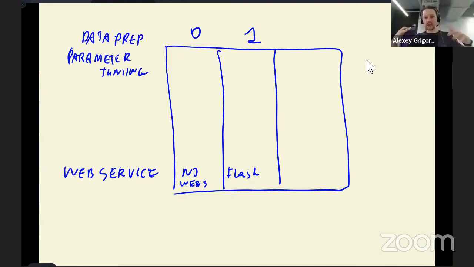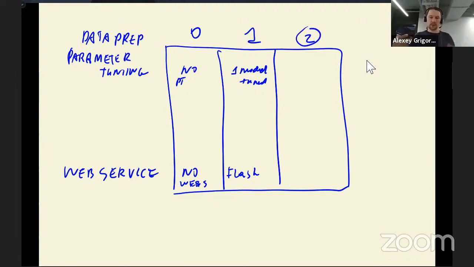For each of these dimensions, you will have some criteria, saying, for example, no parameter tuning whatsoever, then one model tuned, for example. And 2 is a person tuned multiple models and selected the best one. So for parameter tuning, if you tried multiple models and selected the best parameter, you are getting 2 points.